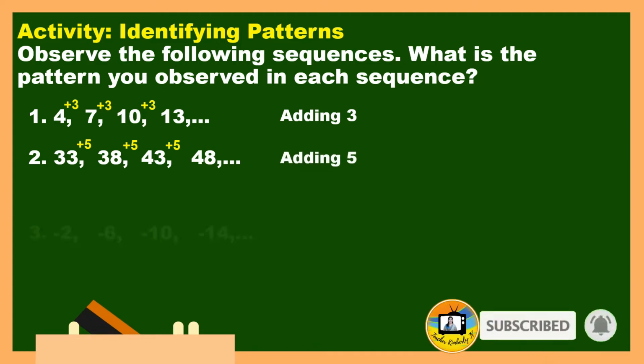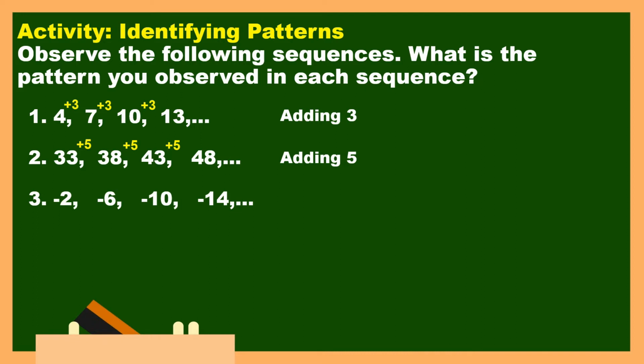Number 3 sequence. Negative 2, negative 6, negative 10, negative 14, and so on. Dito naman sa ikatlong sequence, ang bawat terms naman ay makukuha by adding negative 4 or subtracting 4.